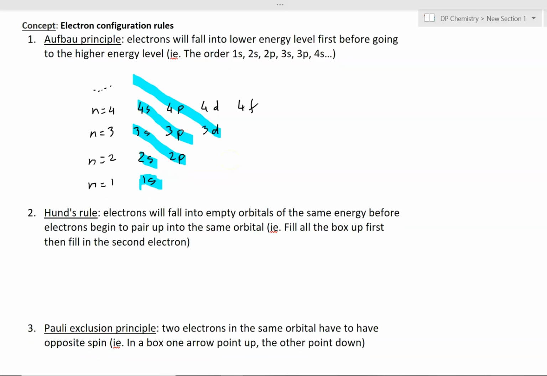Hund's rule is saying that the electron will fall into an empty orbital of the same energy level before it pairs up.